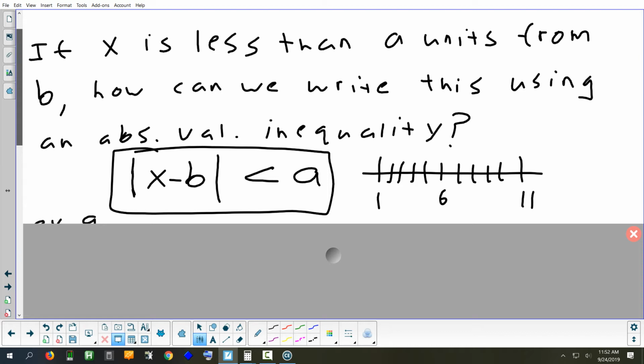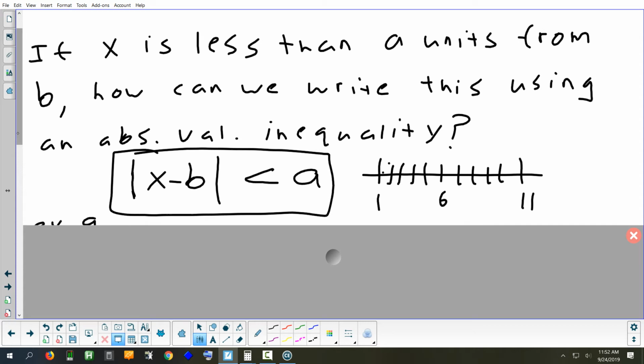That would be the range of numbers that are less than 5 units from the number 6. This inequality would solve that. That would be an and. If you solved it, you would get x is greater than 1 and x is less than 11. And you'd shade between.